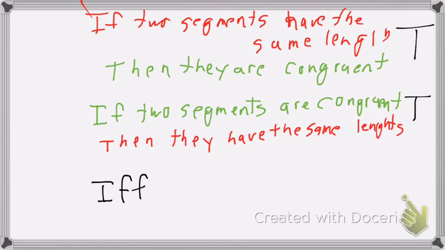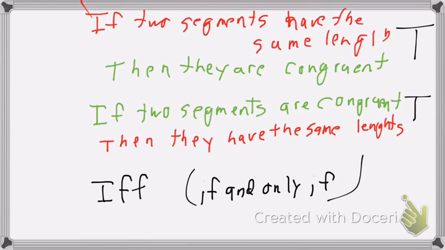And what that means is if and only if. This term, if and only if, is the hallmark of a biconditional. All biconditionals have them. And what that means is it doesn't matter which way we write it, both are equally true.